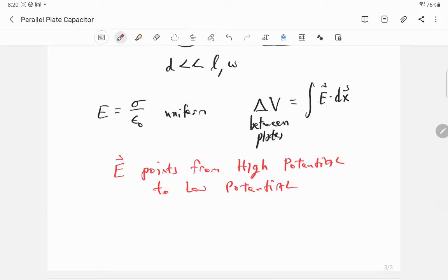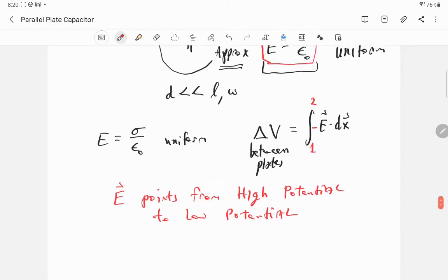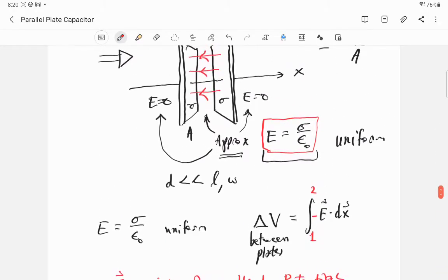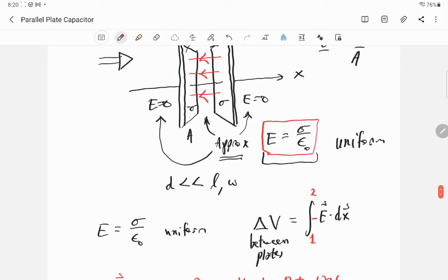Actually, I'm going to leave it in red, but the truth is the potential difference is added up with minus E dot dx, going from one place to a second place. So we could, for example, start on the left-hand plate as the first place and go to the right-hand plate as the second place, with our dx's. So they're going to deliver us from the first place to the second plate, like that.